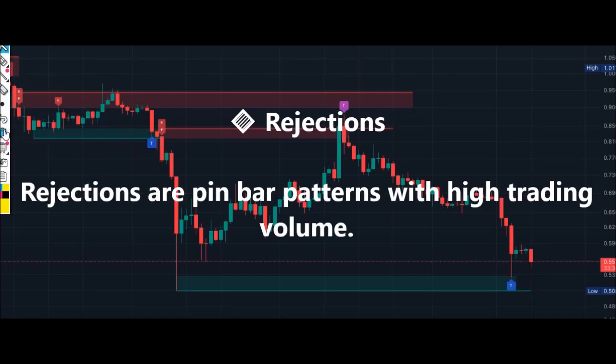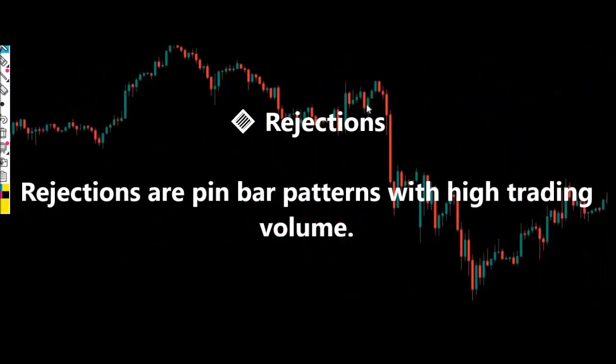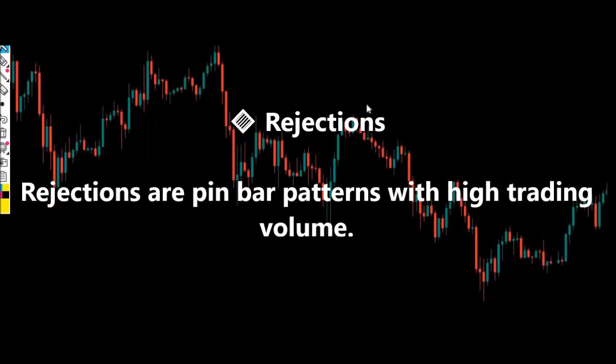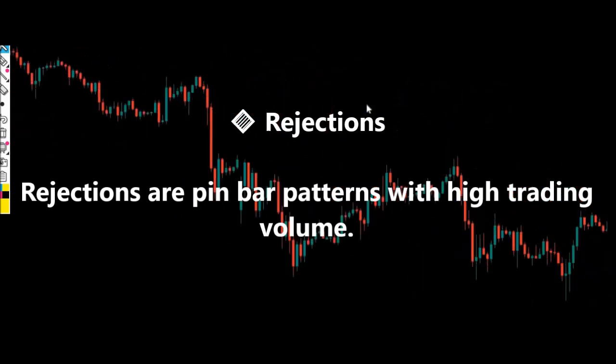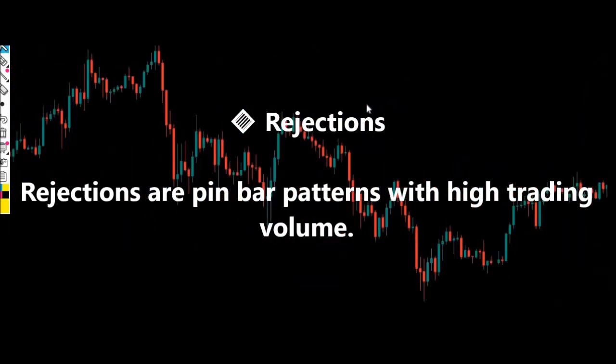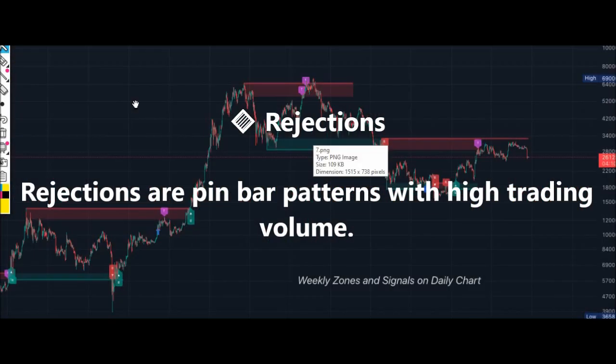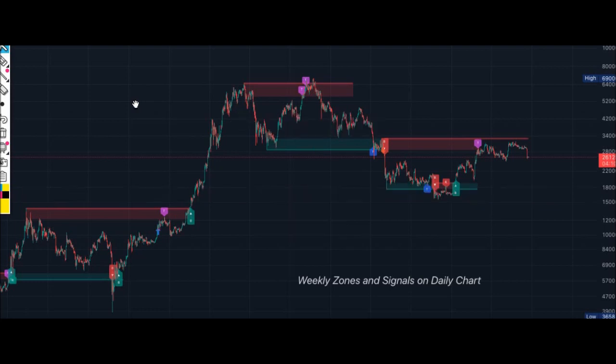And finally, the indicator shows us rejection, and we know rejections are pin bar patterns with high trading volume. So to understand this, have a look. So guys, this is basically what we call rejections, and this indicator shows us rejection using pin bar patterns with high trading volume. You understand me? And rejection, you will see also using the wicks.